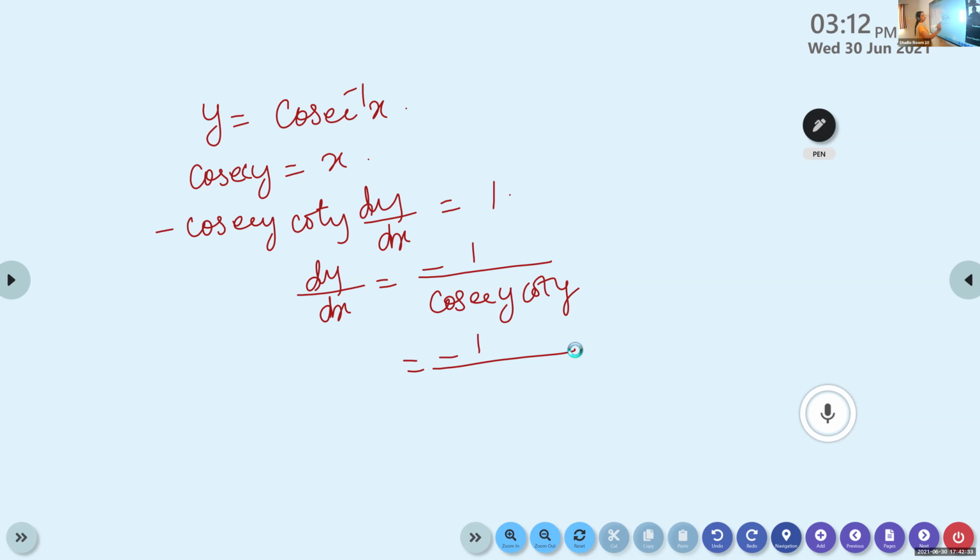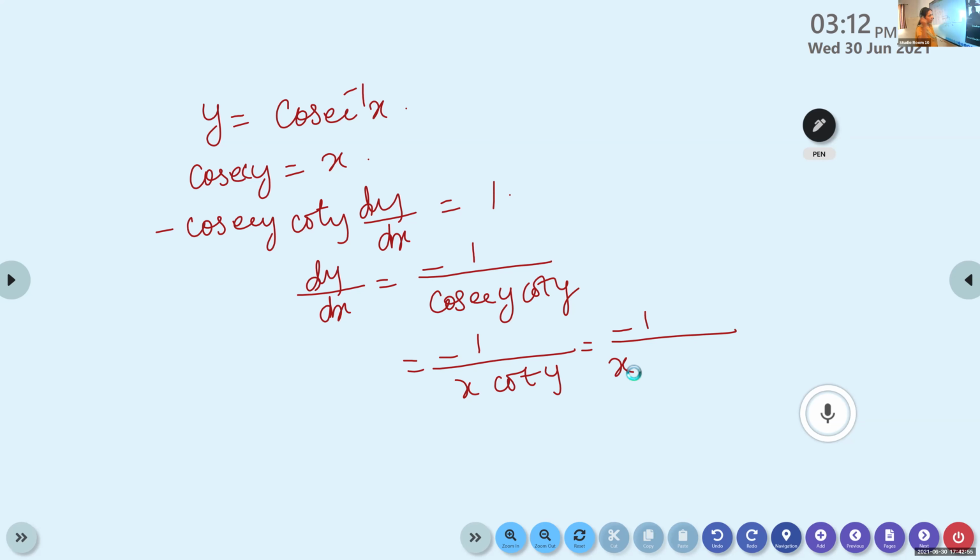What is cosec y? Look here, cosec y is x. So it is minus 1 by x into cot y. This cot y we have to convert. How can we write cot y? What is the identity?